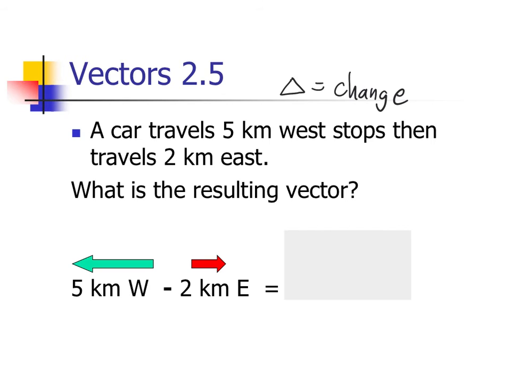So if a car travels 5 kilometers west, then travels 2 kilometers east, what is the resulting vector? Another way of saying that is, what is the change in position?